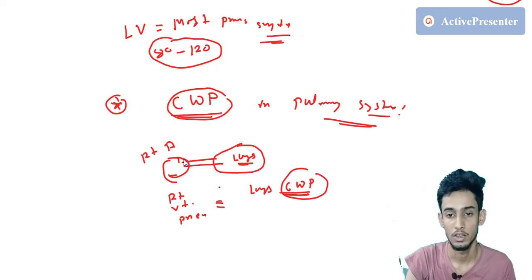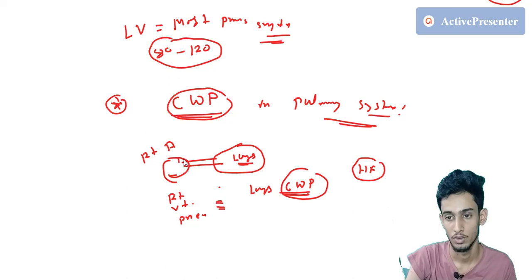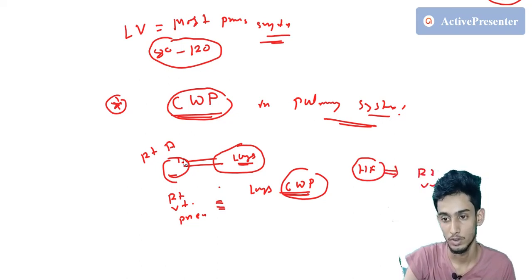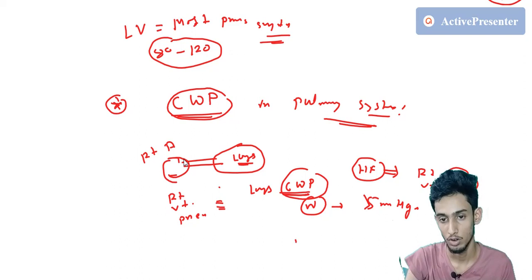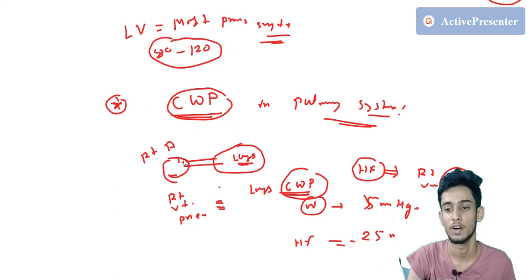But in the case of heart failure, the pressure increases. Normally it is 5 mmHg, but in a case of heart failure it is approximately 25 mmHg.